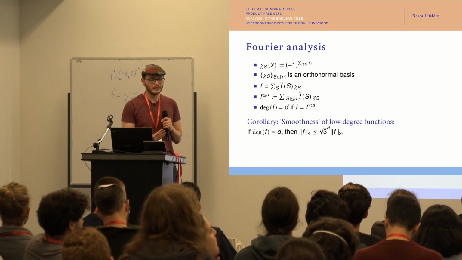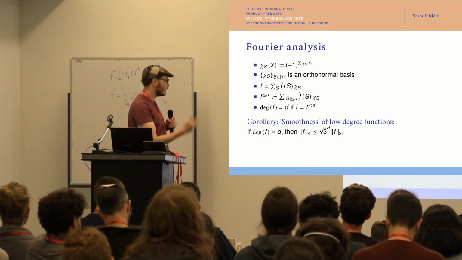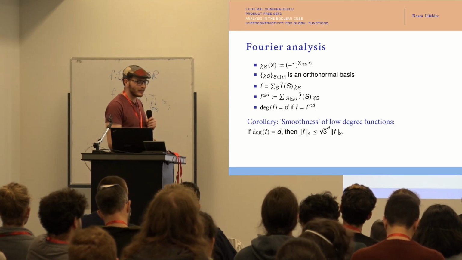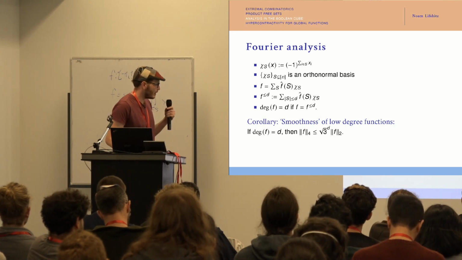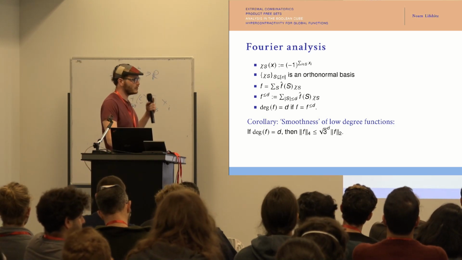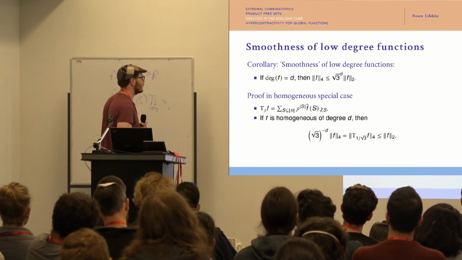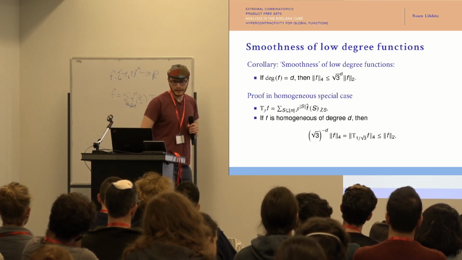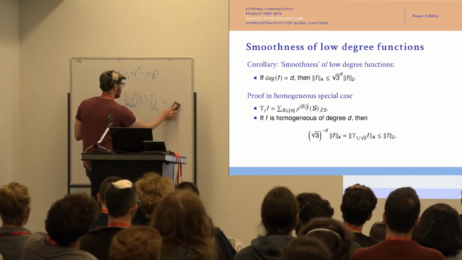And hypercontractivity allows you to show that low degree functions are smooth. And on the other hand, indicators of small sets have the opposite behavior, the peaky behavior. And okay, let's show the proof.